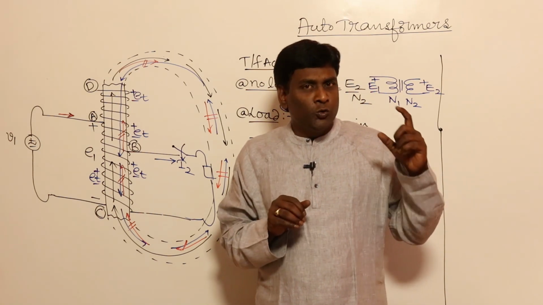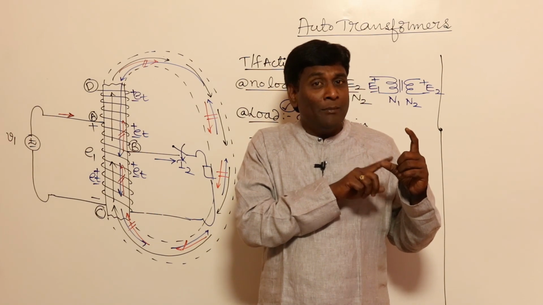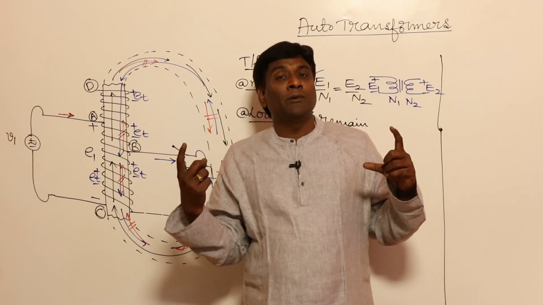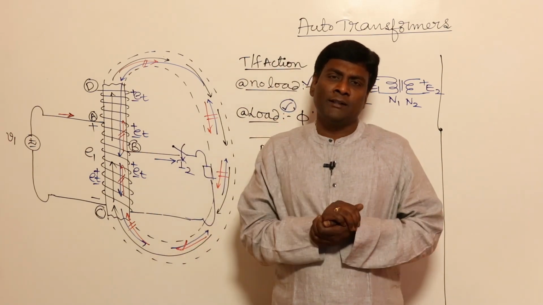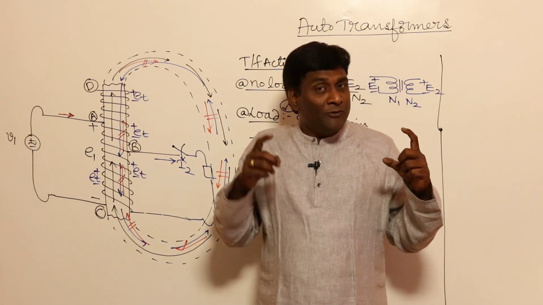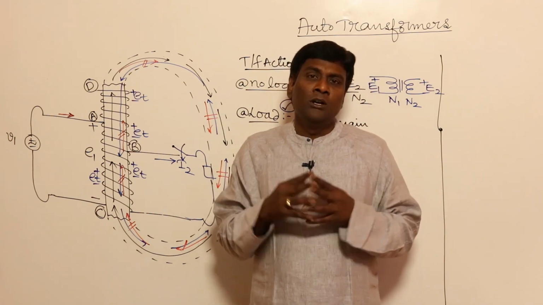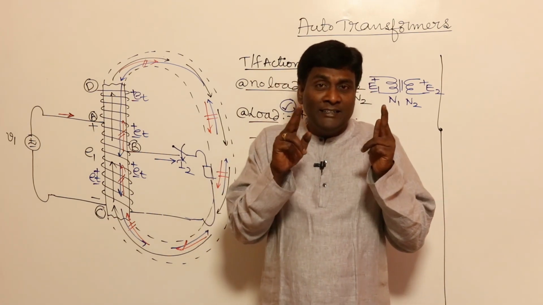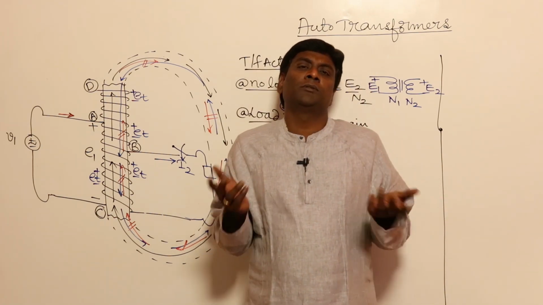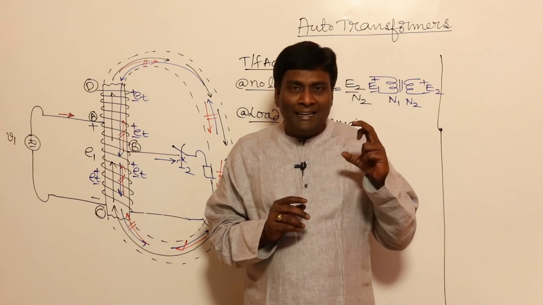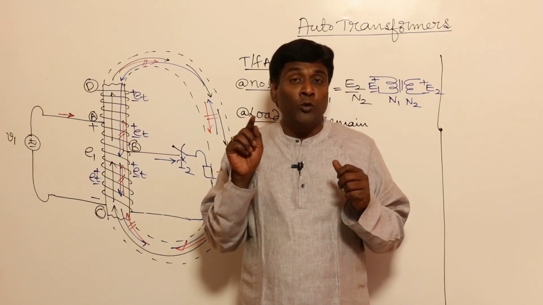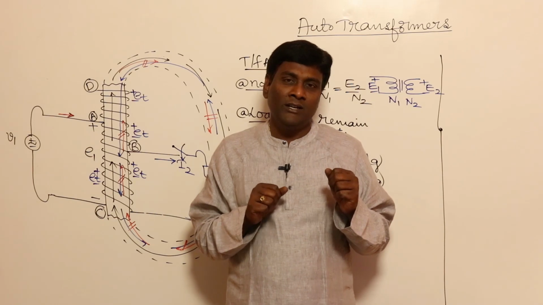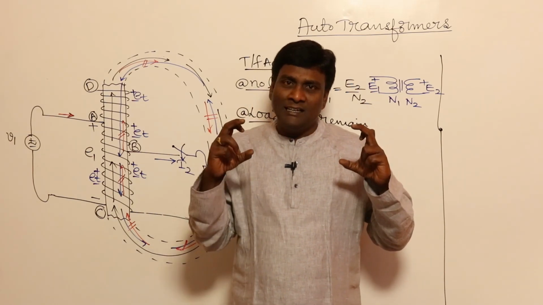In a two winding transformer, secondary MMF was equal to primary MMF, forget about no load current. Now, if I say a 10 kVA transformer, is that 10 kVA related to primary or secondary? Both. So secondary MMF equals primary MMF once you neglect no load current.